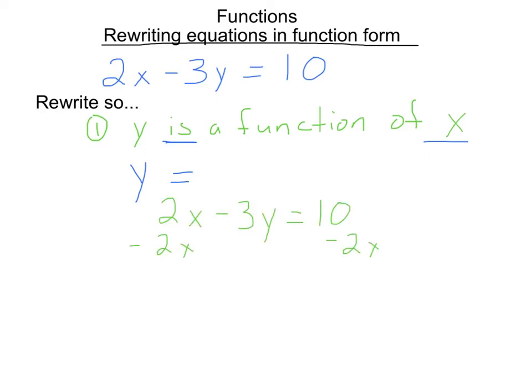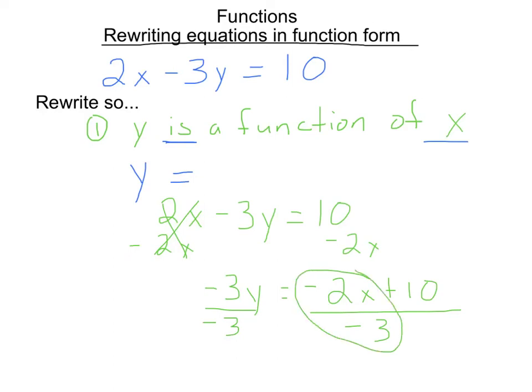So the first thing we're going to have to do is subtract away our 2x, and we'll be left with negative 3y equals negative 2x plus 10. Now all we have to do is divide by negative 3, and we have to divide everything on the right side by negative 3 as well. This would be a time when we use the heart method.